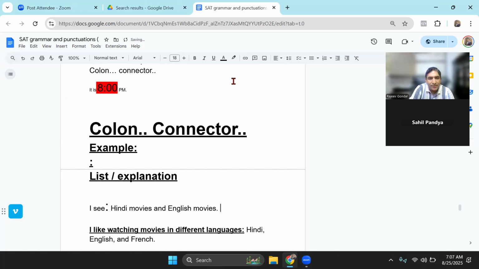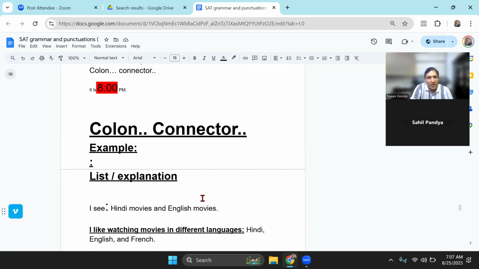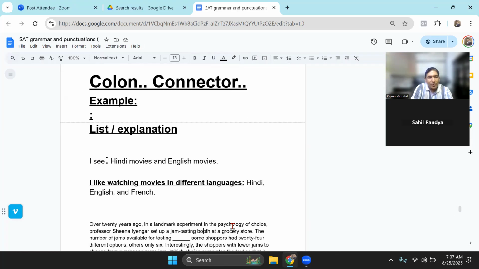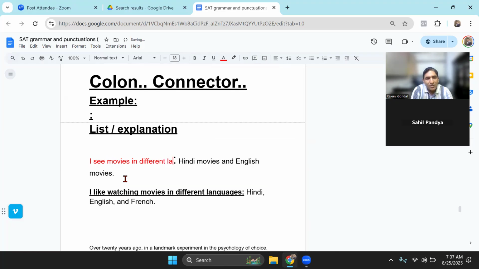So let me just write it here. Okay, you got it actually, so I don't need to. So this is incorrect. The reason is that, so, I see movies in different languages. Is this correct now?